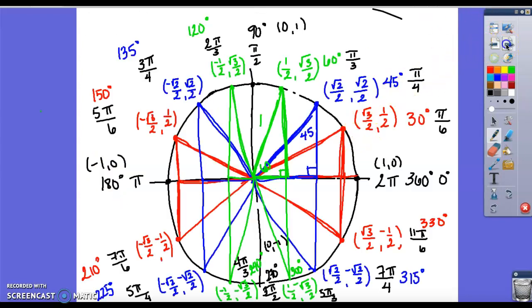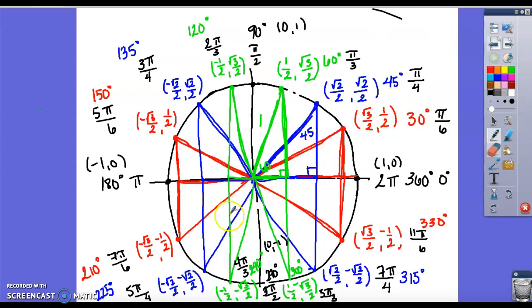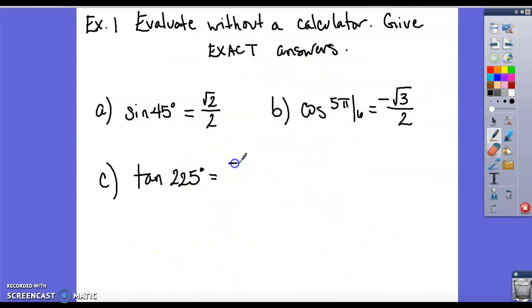Let's look at the tangent of 225 degrees. There's 225. To find tangent, I do y over x. So negative square root of 2 over 2 divided by negative square root of 2 over 2. Anything divided by itself is 1, so I'm just going to make that 1.